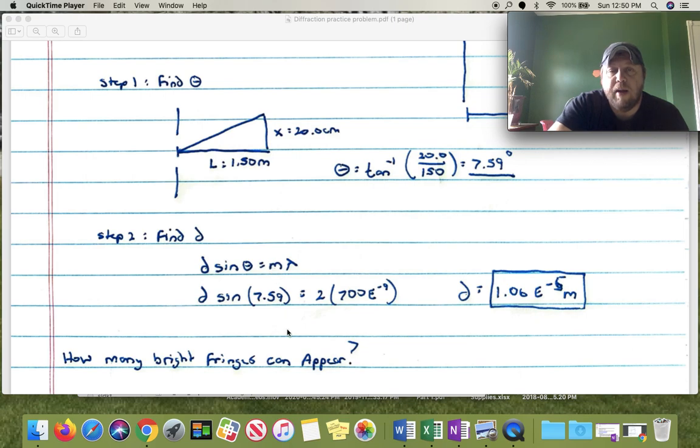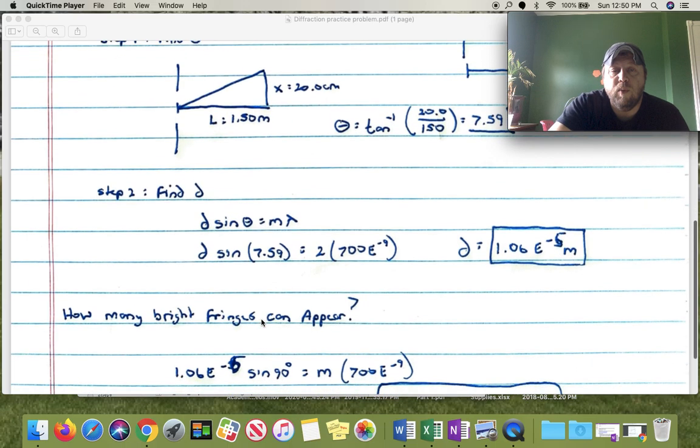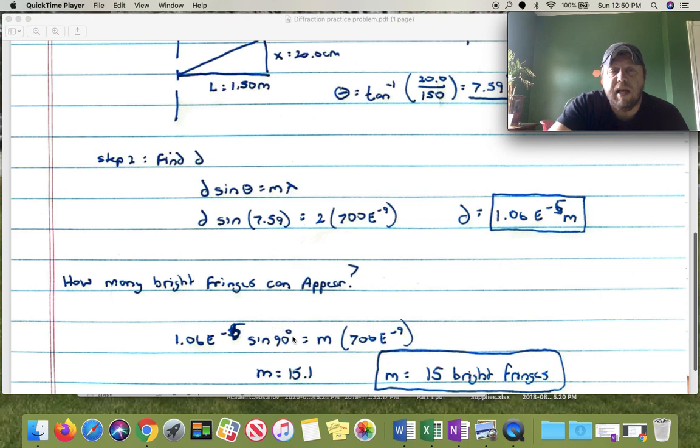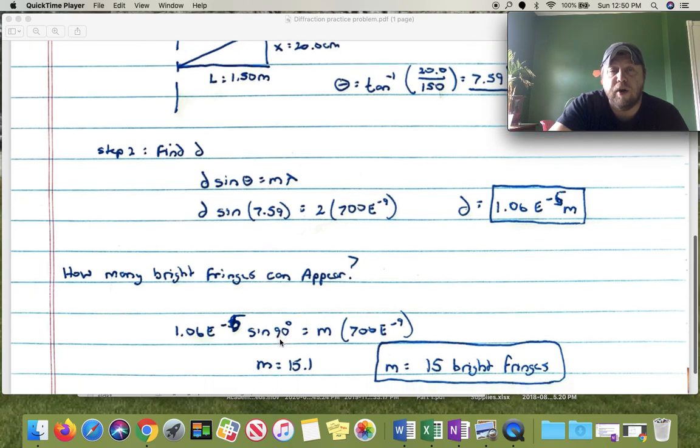We want to know how many possible bright fringes can occur. We know the second bright occurs at 7.59 degrees, and the third bright will be further and further away. So we want to set the angle equal to 90 degrees so that we can calculate the maximum number of fringes that could occur.